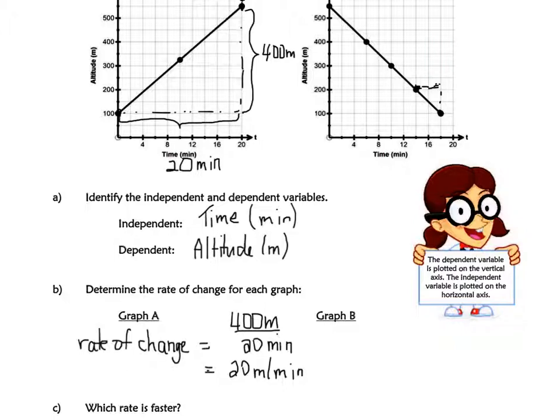So we're basically going up from 100 up to 200, so that's up 100. So the change in the dependent variable will be 100 meters, and then we're going to the left from an x-coordinate of 18 minutes to an x-coordinate of 14 minutes, which would be 4 minutes.